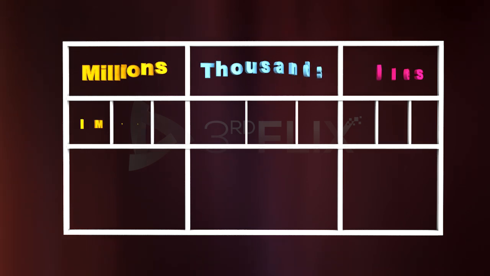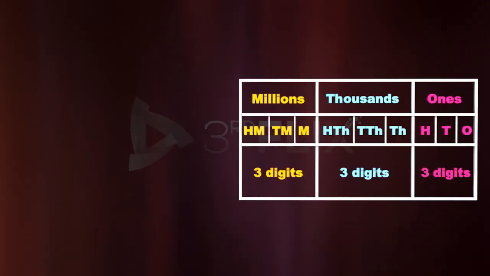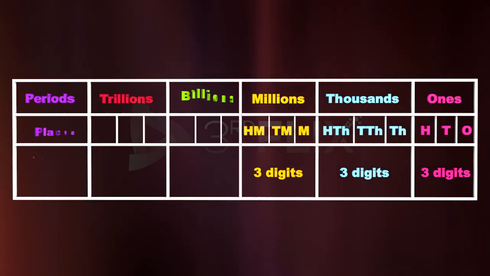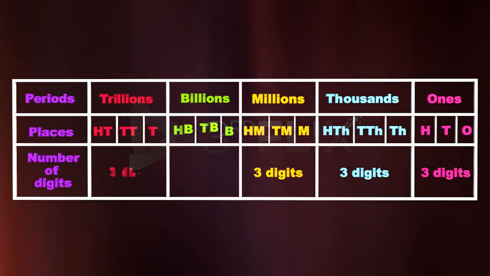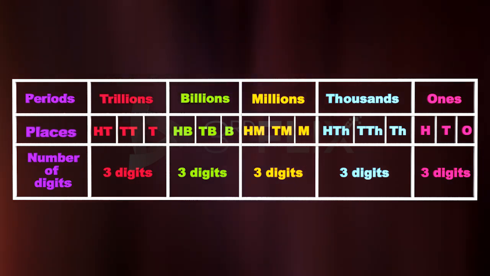The International Place Value System is further extended beyond 100 millions with new place names and periods. Periods: trillions, billions. Places.